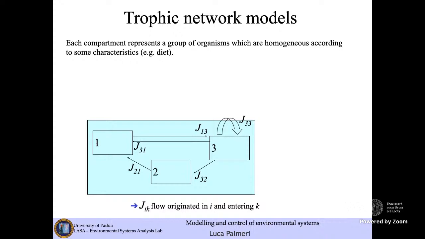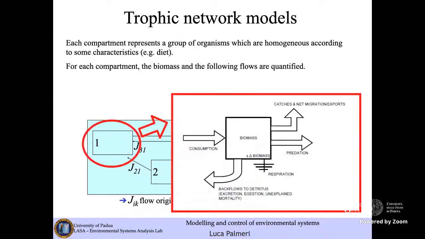This means that all the organisms that feed on the same group of prey, or the same group of food, shall be clustered into a group, clustered according to some characteristics.